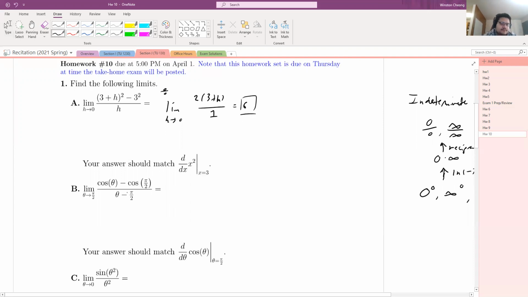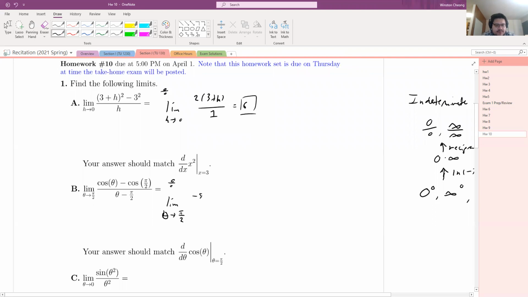For part B, well, if we directly plug in, notice that we're going to have cosine pi over 2 minus cosine pi over 2. So we're just going to get 0 over 0. So again, we can just use L'Hopital's, and this time theta goes to pi over 2. And we take the derivative on top.